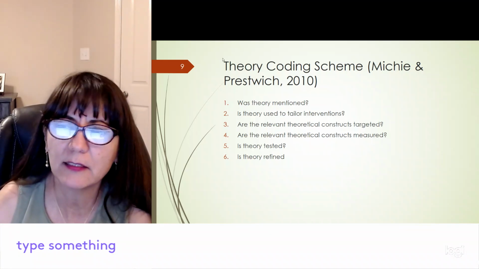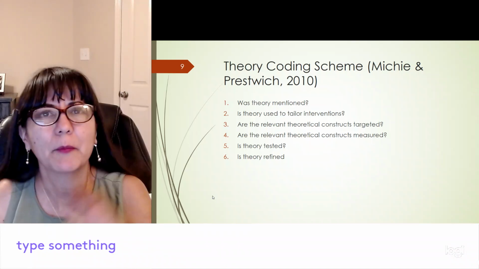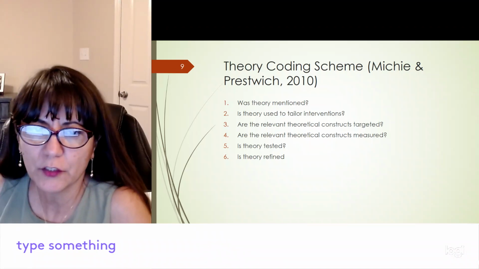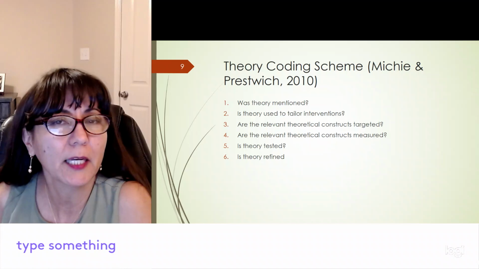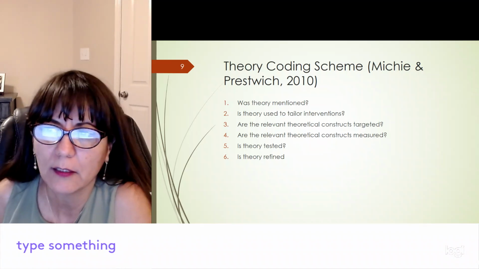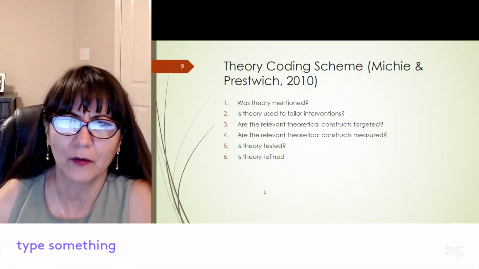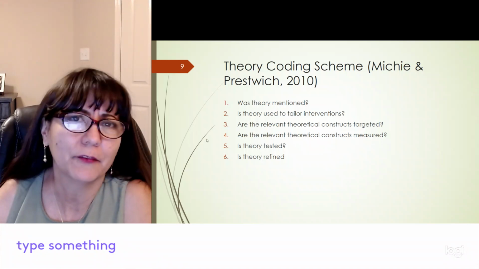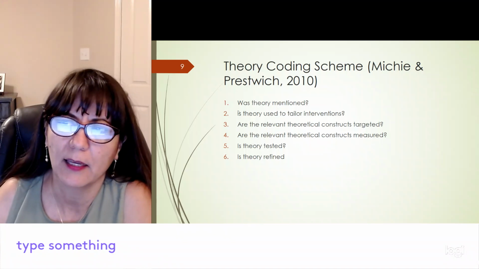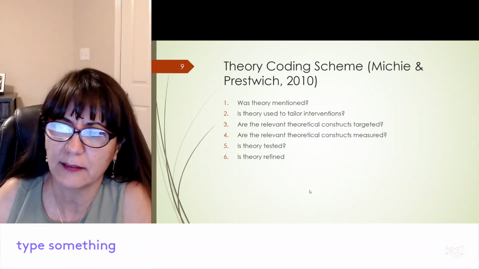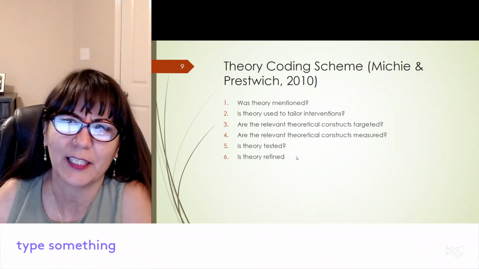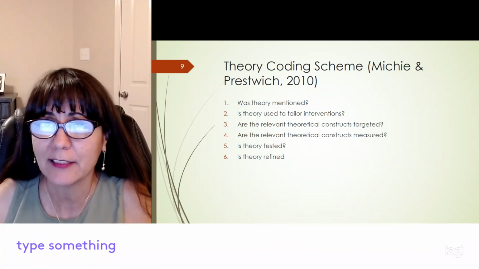Basically, it's just a scheme they use to examine whether a research article targeting some kind of behavior change intervention was theory-based. And it asks these various questions to see exactly what happened in the study.